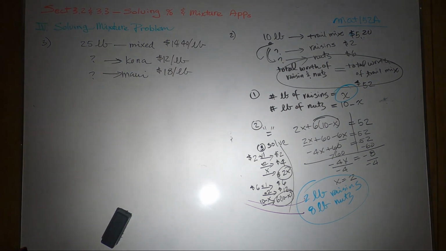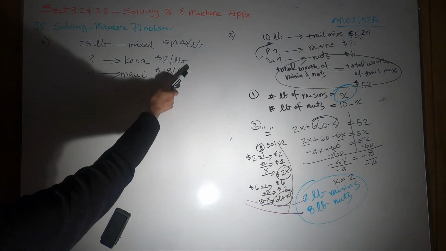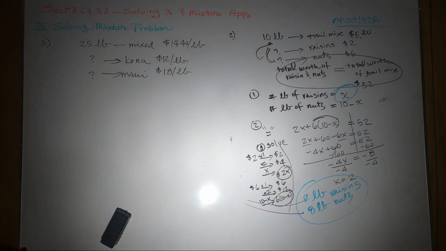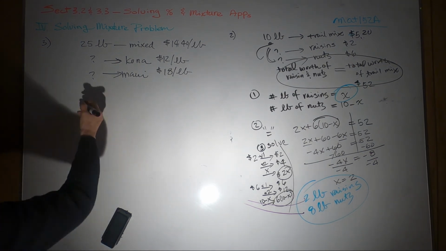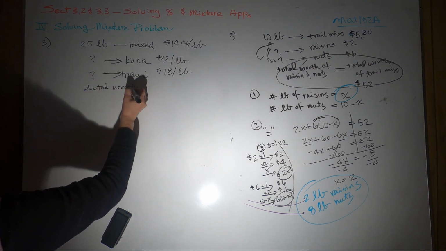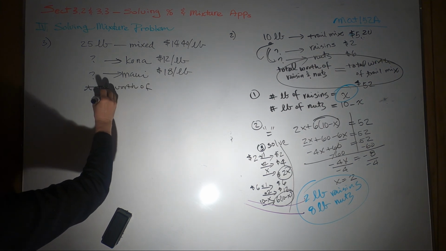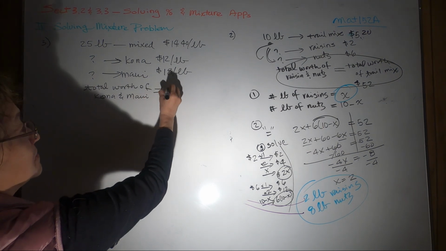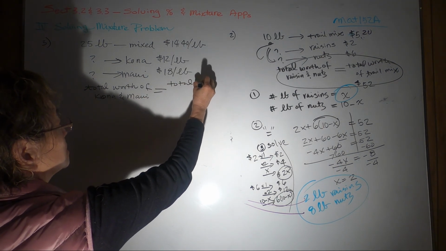If he used all the Maui beans, then that would be more expensive for him, and Kona bean maybe is not as tasty as he would like. So how should we do that? Then the whole concept is what? The total worth of Kona bean and Maui bean should be the same as the total worth of what?